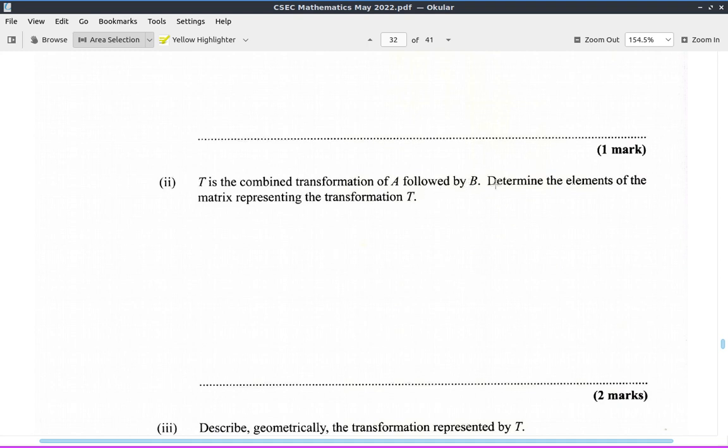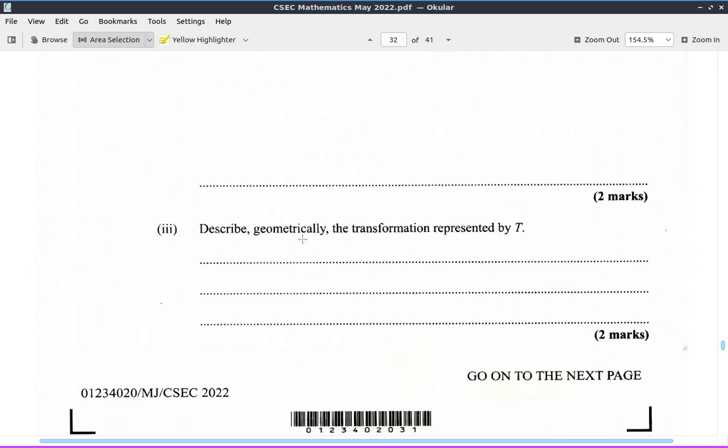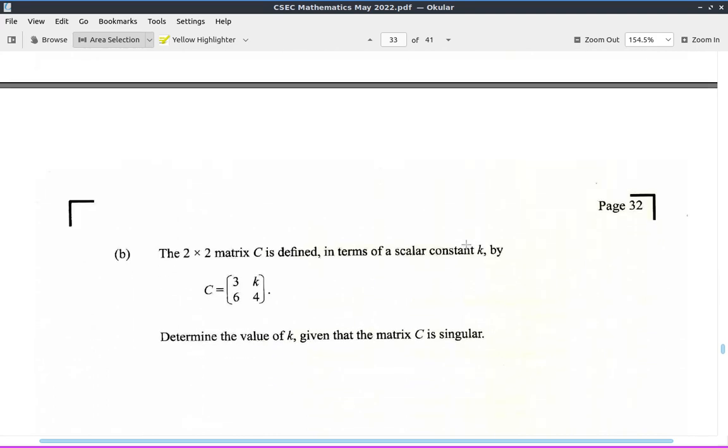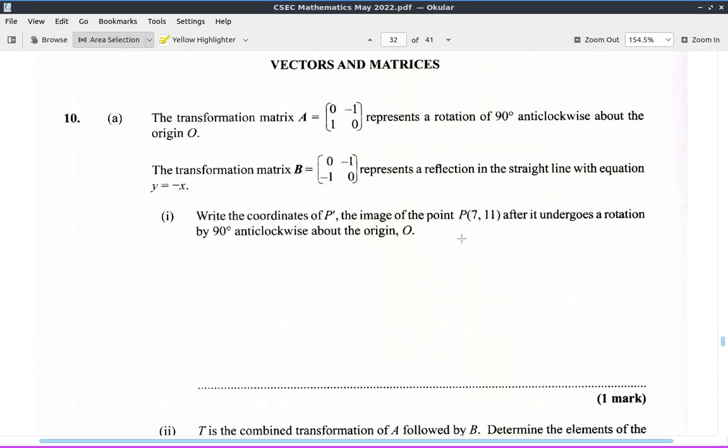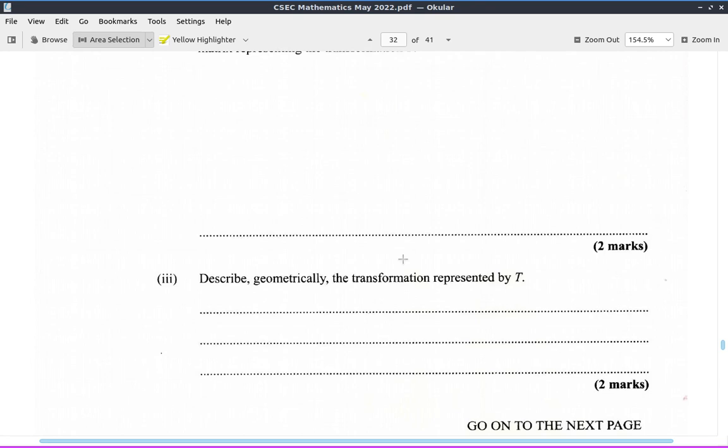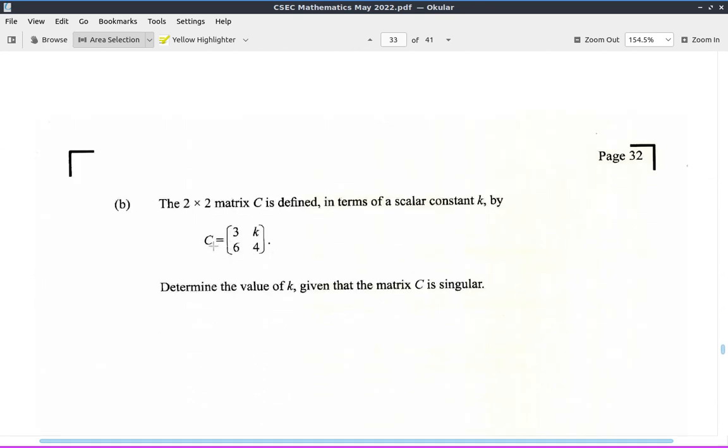These are combined transformations. To combine the transformations, you're going to multiply the matrices. Describe geometrically the transformation represented by T. Okay, nice. When you combine them, you're going to describe that geometrically.